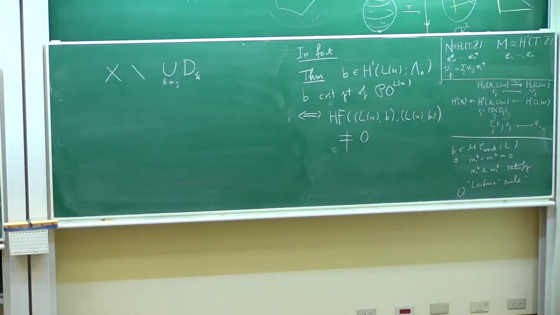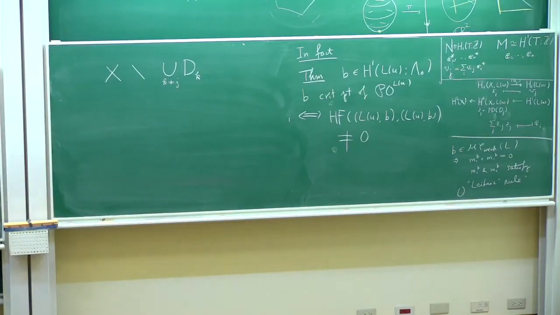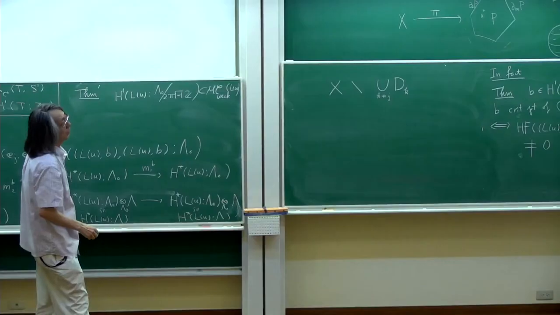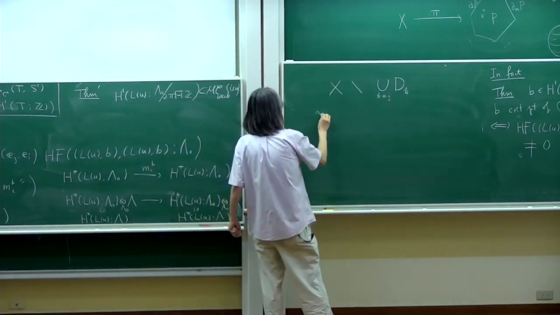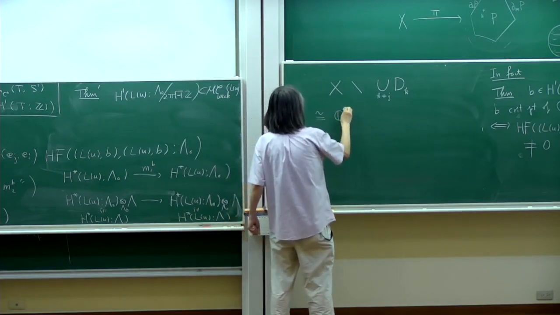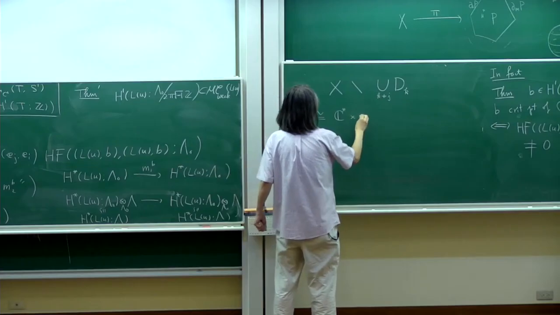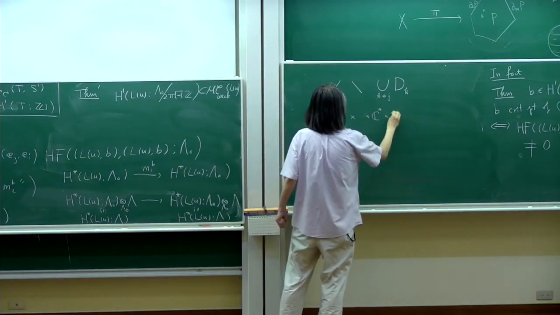Just remove all the toric divisors away from Dj, and then this one is isomorphic to C star, then C here.